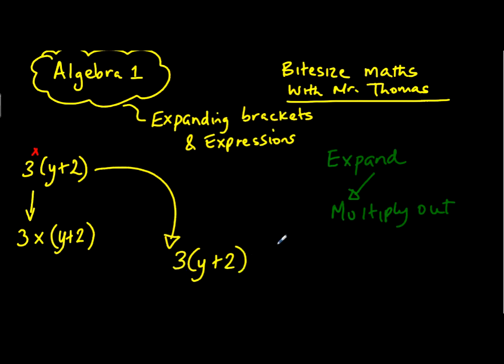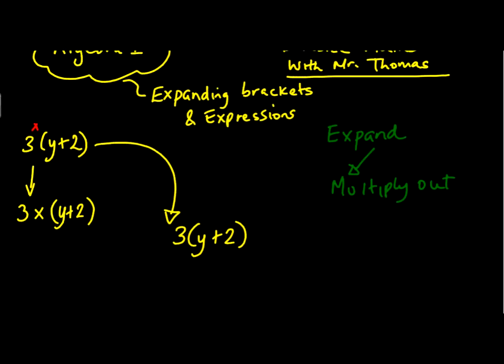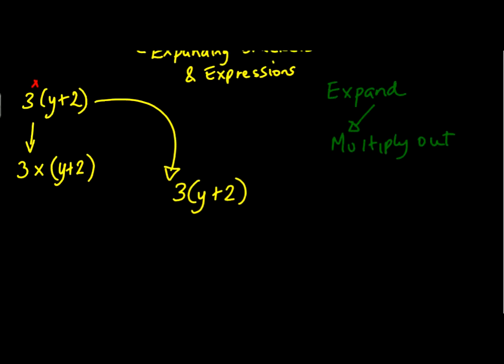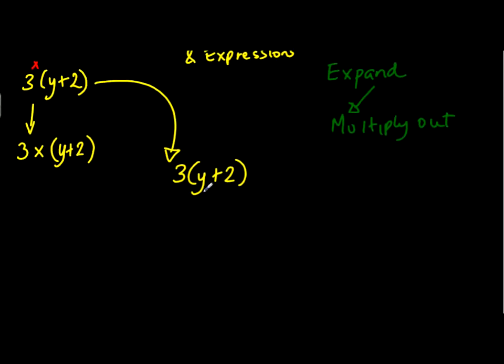Now the way to expand this expression is to multiply everything on the outside by everything on the inside. So the first thing I'm going to do is multiply the 3 by the y, and then multiply the 3 by the 2, and then add them together.